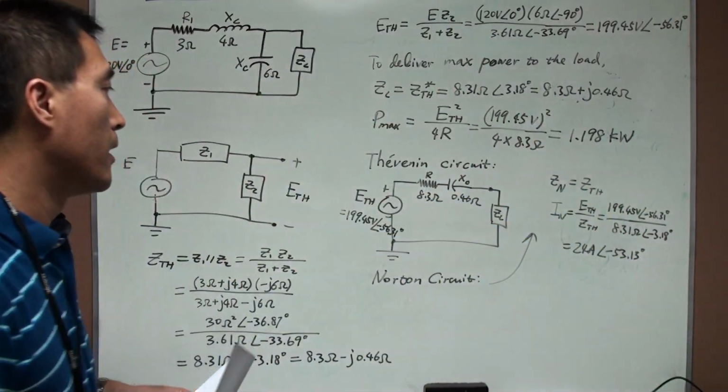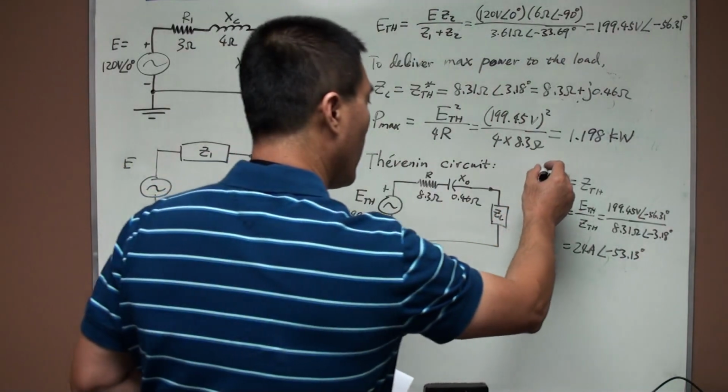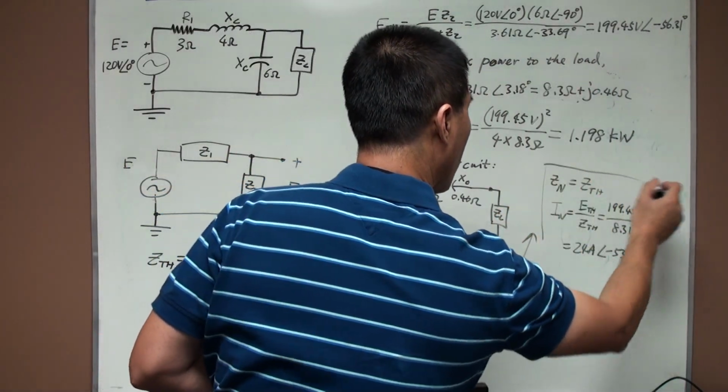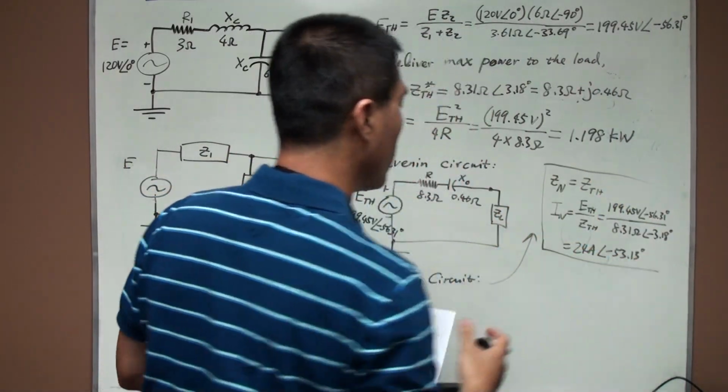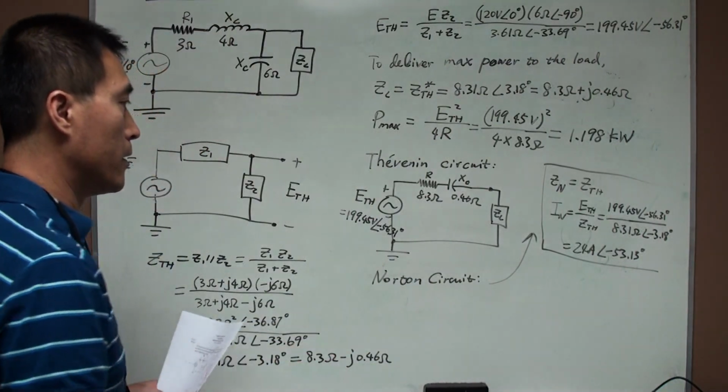That is the Norton impedance and the Norton current.